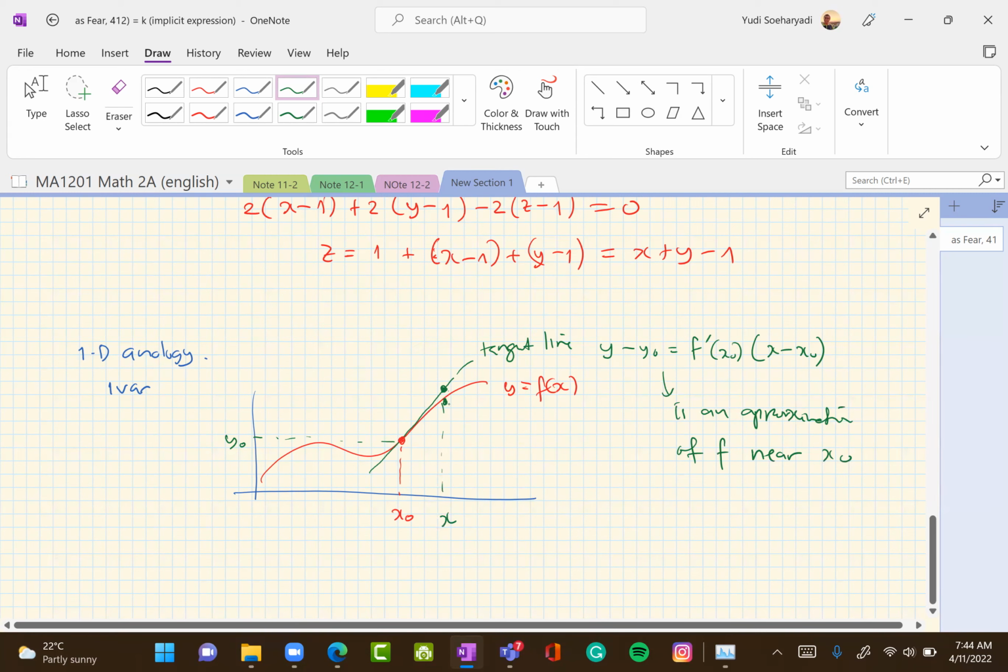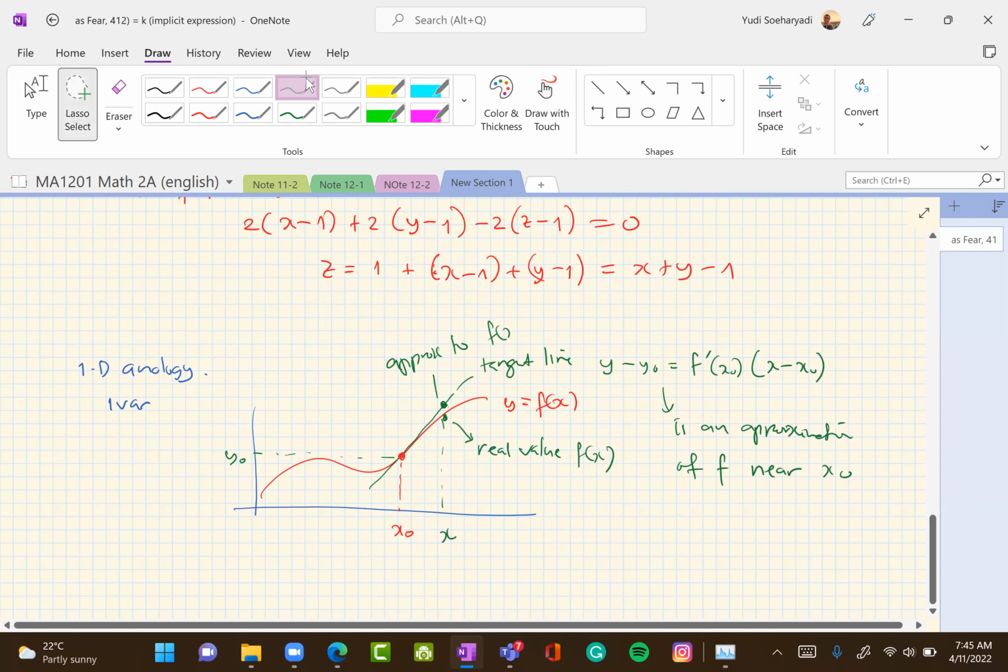That's the real value of f of x, and this is the approximation.